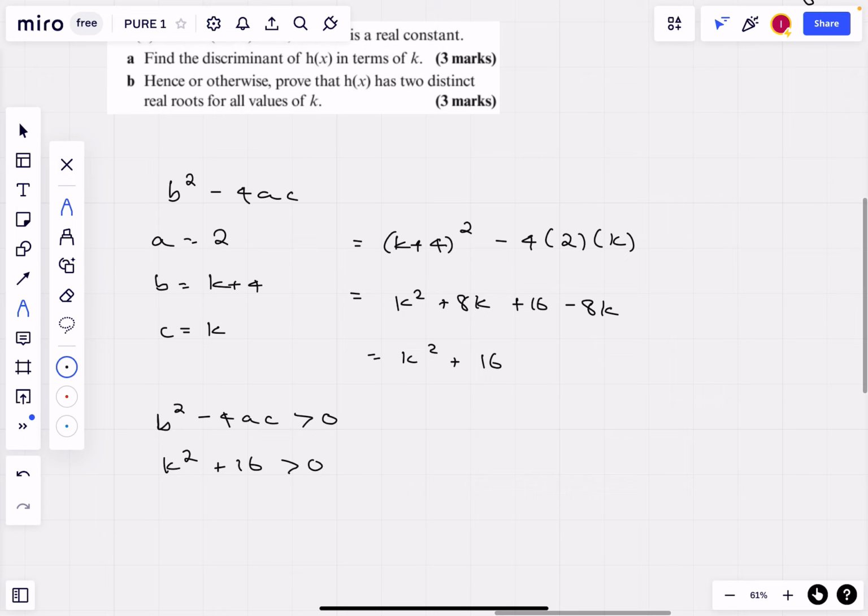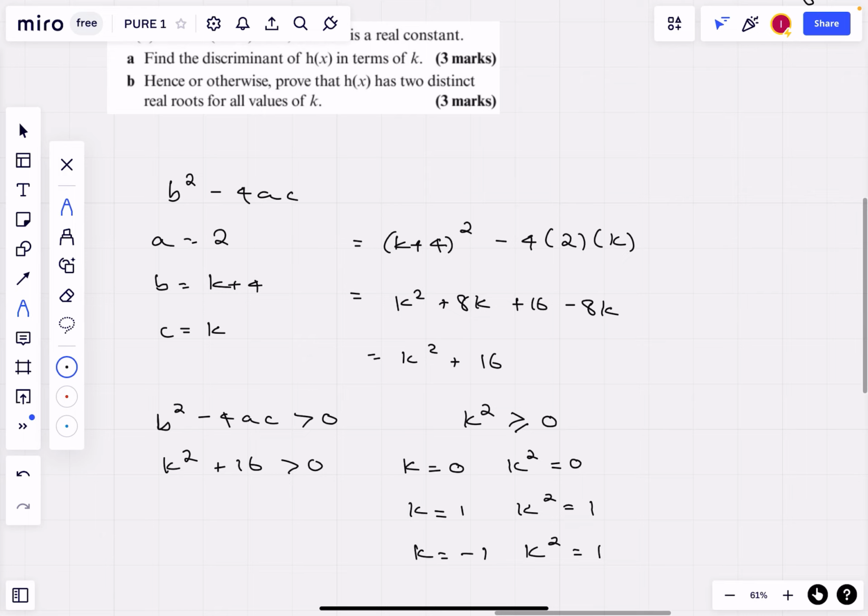Let's split it up. K squared, regardless of what value of k you have, will always be greater than or equal to 0. Because if k equals 0, then k squared equals 0, right? If k equals 1, k squared is equal to 1. If k equals minus 1, k squared is still equal to 1.